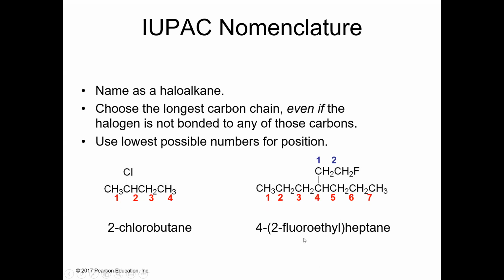Okay, notice a couple things about fluorine. Fluorine is the only one of the halogens which has a one-letter symbol. Do not use Fl to designate fluorine. There's actually another element which has the symbol Fl.